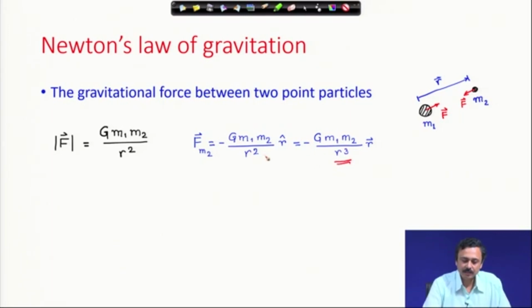What I have done is multiply this by r and multiply this by r, and r is the magnitude of the distance. So the denominator becomes r cube, and numerator r cap into magnitude is nothing but r vector. And this is exactly equal and opposite to the force on particle 1, which follows from Newton's third law.